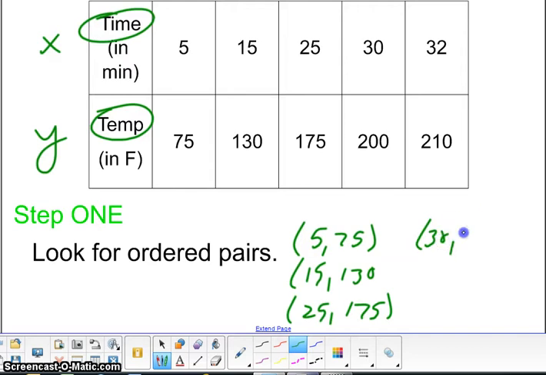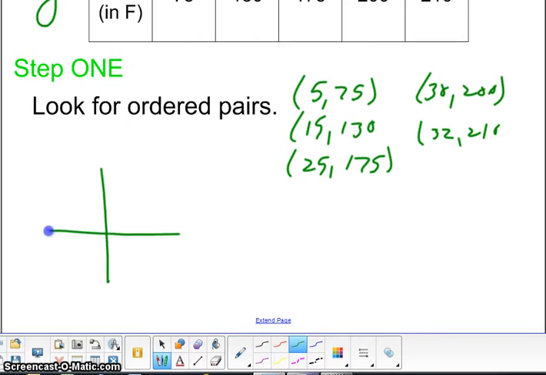And 30, 200, and 32, 210. Now the reason you have to notice that is because any list and any ordered pair, we can figure out the best fit line. It may not be exact, like you may get something like this, but we can represent it because it's going in a positive line.